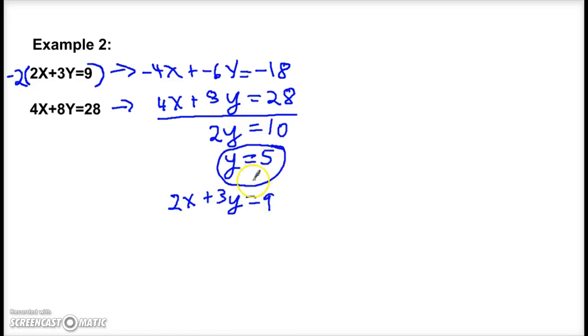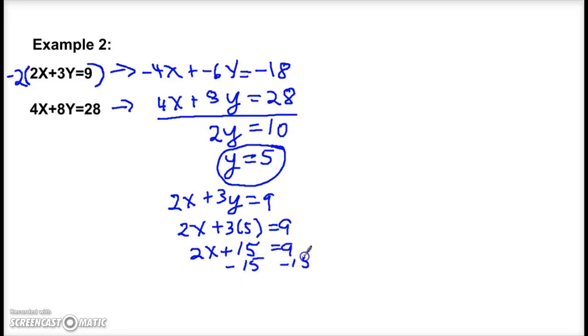And if I put in the 5 for the y, I would have 2x plus 3 times 5 equals 9. So 2x plus 15 equals 9, subtracting 15 from both sides, and I end up with 2x equals negative 6, so x would equal negative 3.